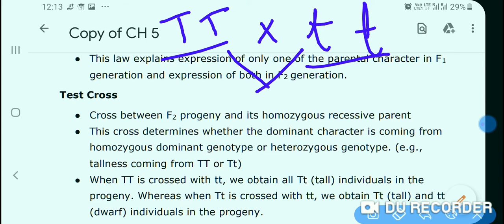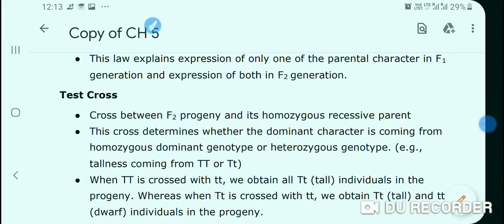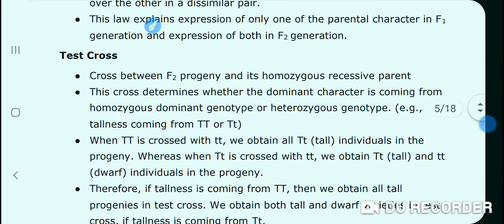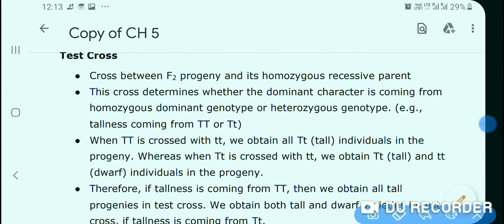And when we make the cross between this tall plant and this dwarf plant, in the F1 generation all the plants were tall. This is the F1 generation.